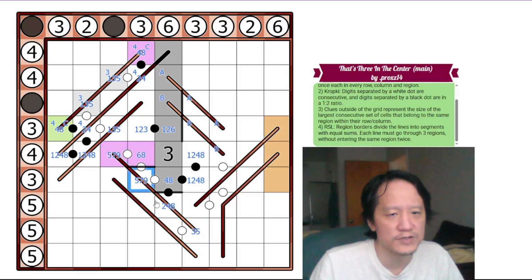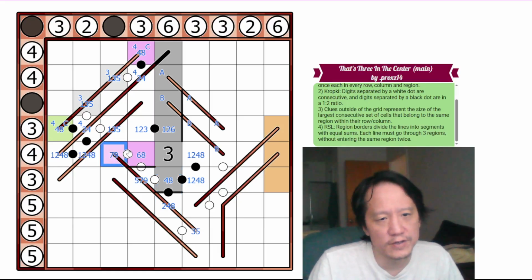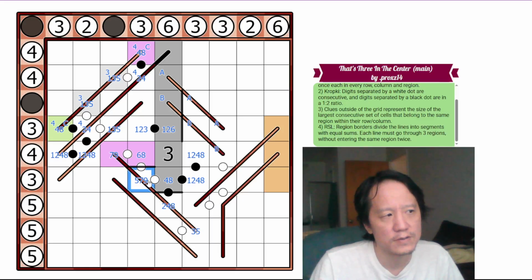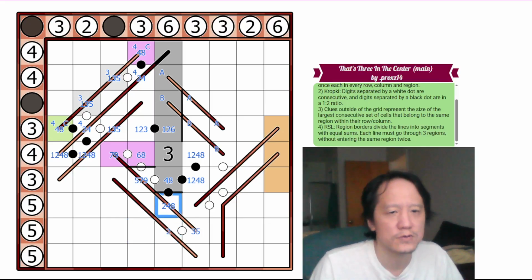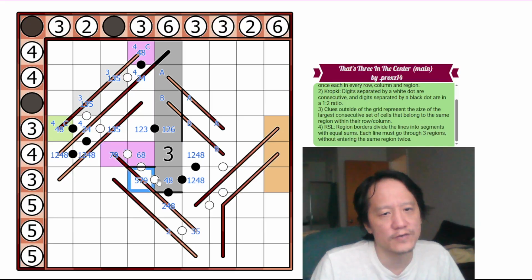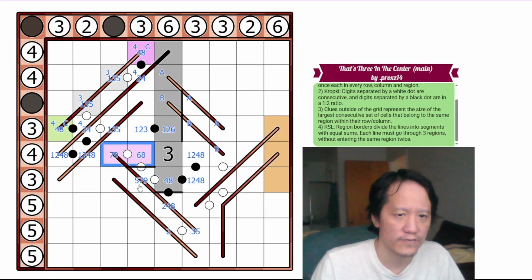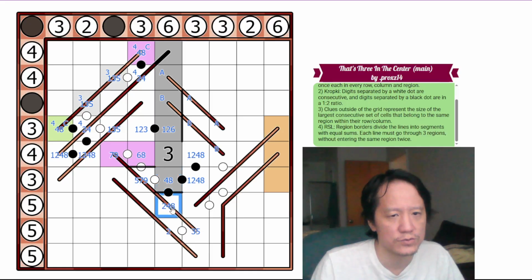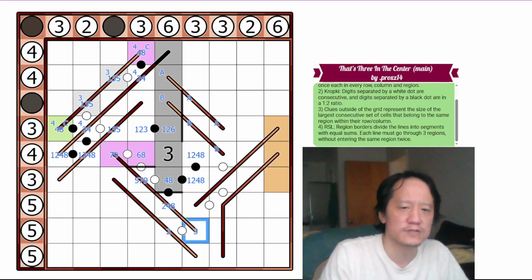Okay, so this can't be 5, 6, 5. If this is 5, 6, 5, this is 4, 2, and 3. 3 is only consecutive with 2 and 4, but they're both here. So this cannot be 5 here. 7, 6, 7, 8, 4, 3 works as long as this is 2. 7, 6, 7, 8, or 7, 6, 5, 4, 2, and not 5, this is 7.